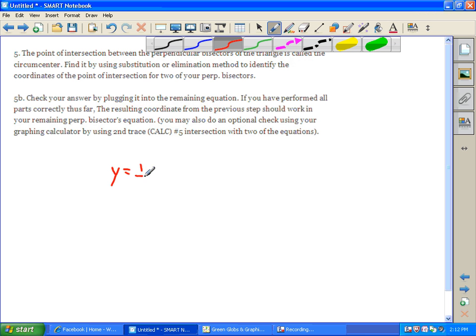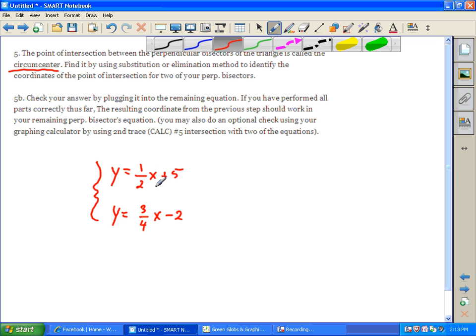Elimination is a method where you try to make the coefficients of either the x's or the y's in one equation the opposite of the other, and then you add the equations together so that all the x's cancel out or all the y's. I'm not going to show you that one here.